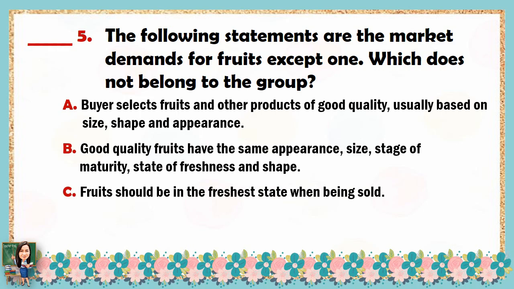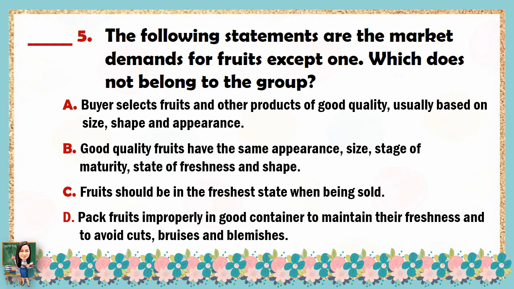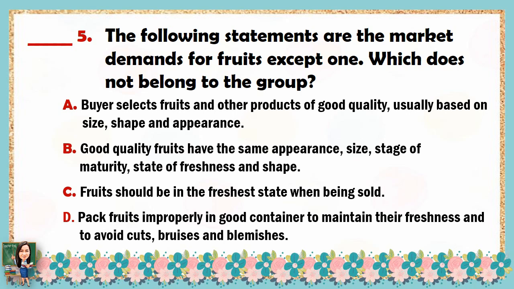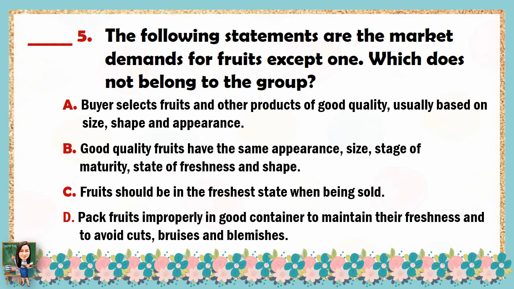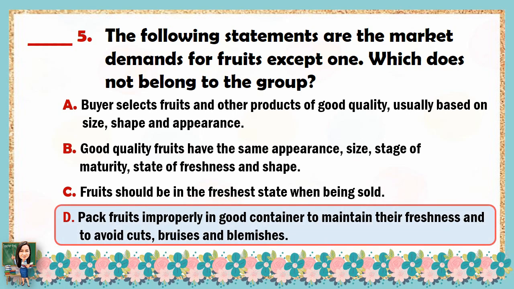C. Fruits should be in the freshest state when being sold. D. Pack fruits improperly in good container to maintain their freshness and to avoid cuts, bruises, and blemishes. What is the correct answer? Very good. The correct answer is letter D. This is not belong to the group.